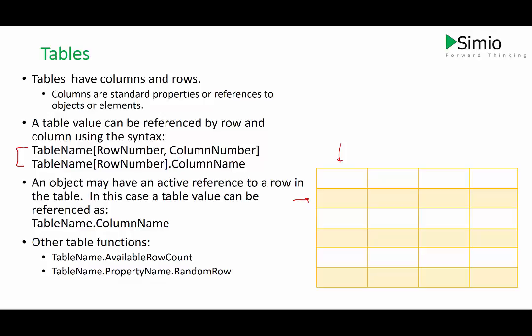So either one of these two can be used to directly access a data element in a table. An important part also is the ability to set an active reference, so set a reference to a row in the table to a Simio object. Once we have an active reference, then we can simply access that row using table name, column name.